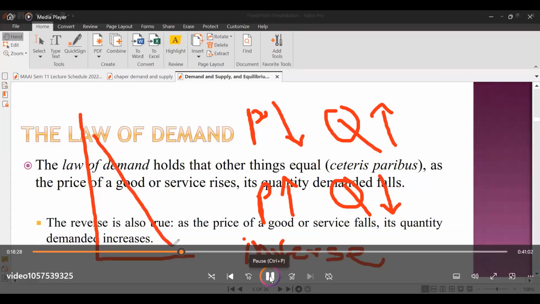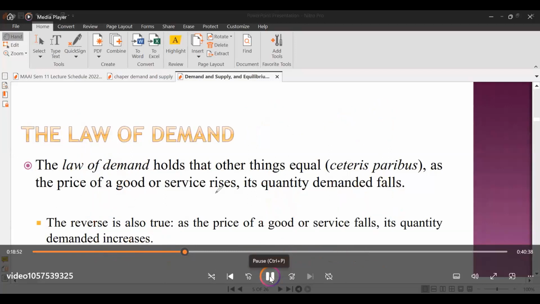The law of demand explains that if the price of a good or service falls, its quantity demanded will increase, and vice versa.